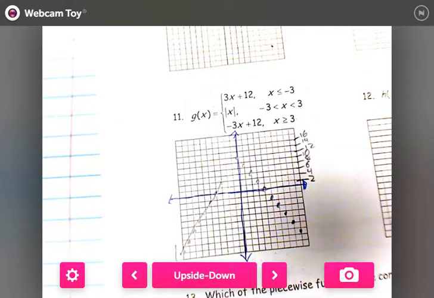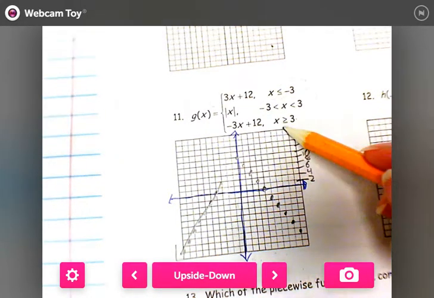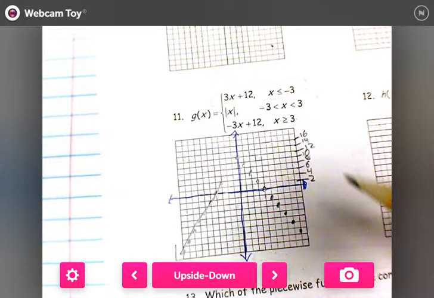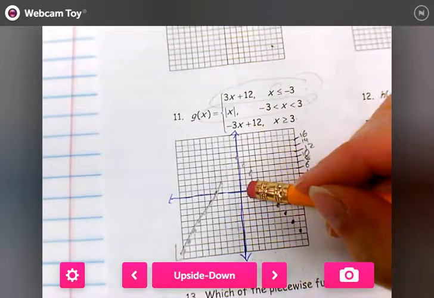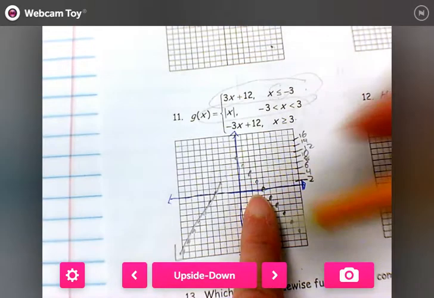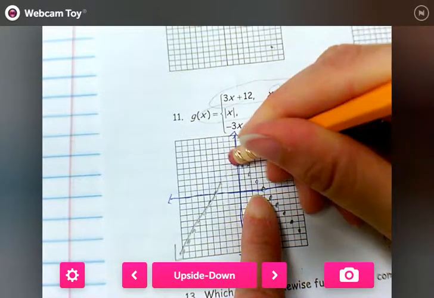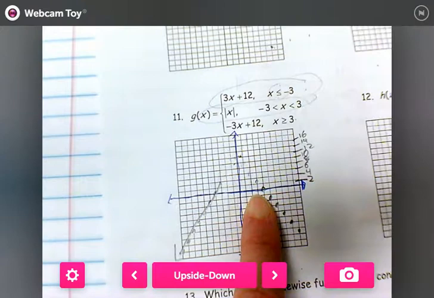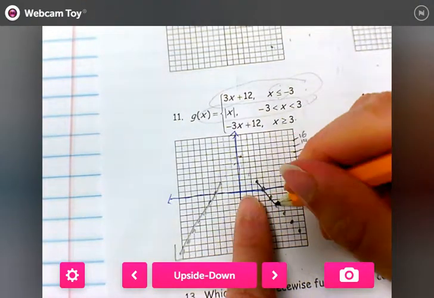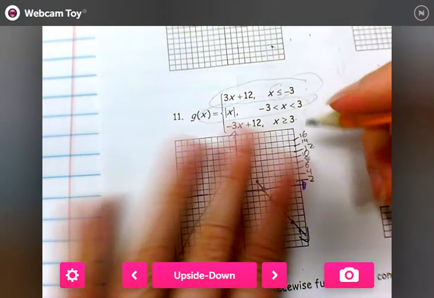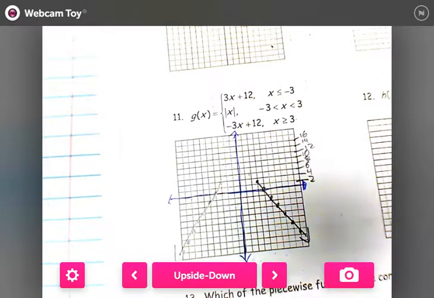Okay? But it is only true when x is greater than 3. So I have to count over 1, 2, 3, and I have to erase the other stuff. It is a closed circle, and it is a straight line.